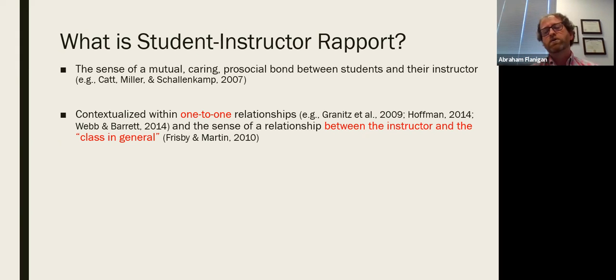So maybe you're teaching in a large lecture hall and can't possibly get to know all of the students one-on-one. So it's just the general vibe that you're picking up from the students as a class as a whole while you teach them, and the kind of vibe that you're trying to give the whole class through your actions and words in front of them during class or in your communications with them outside of class.